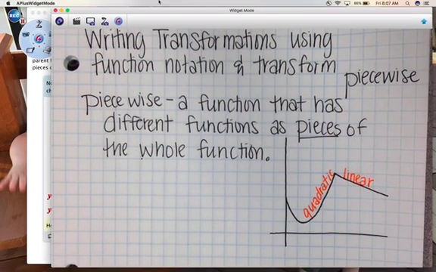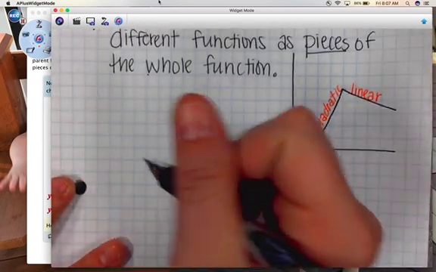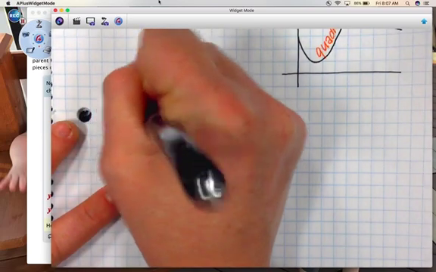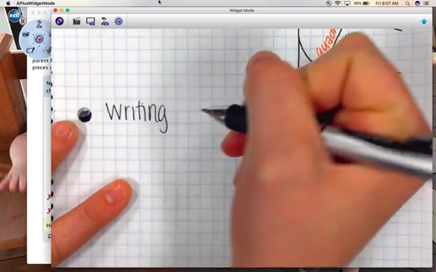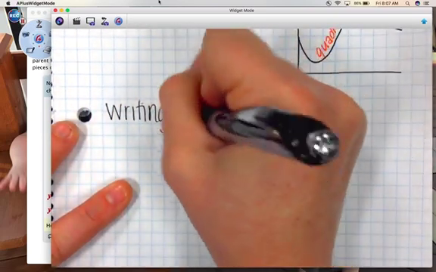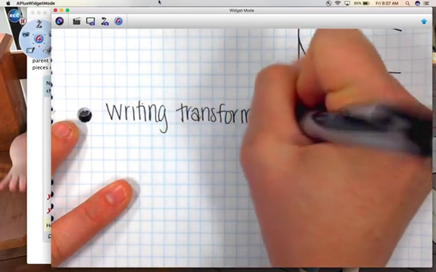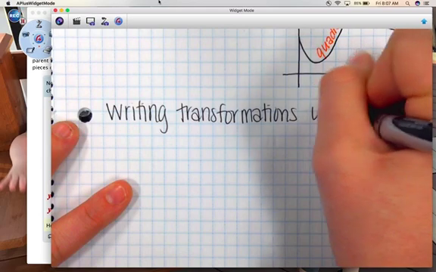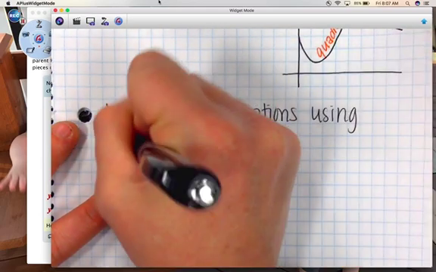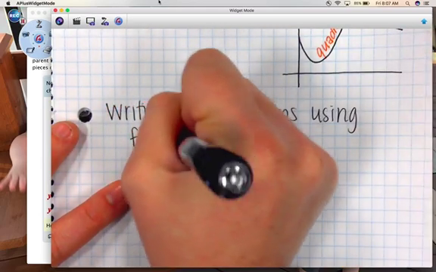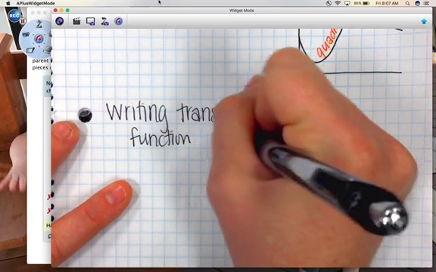transformations using function notation. So writing transformations using function notation.